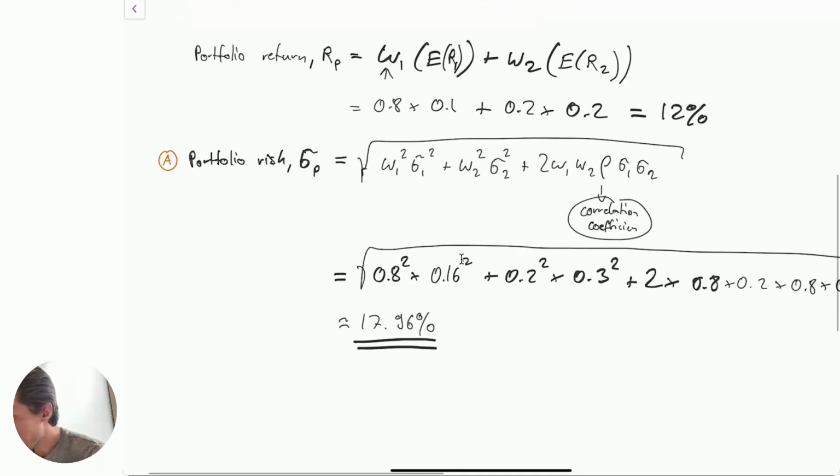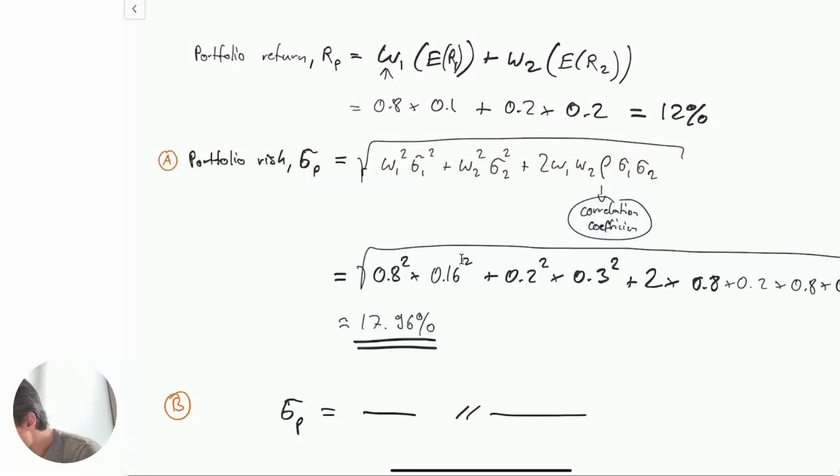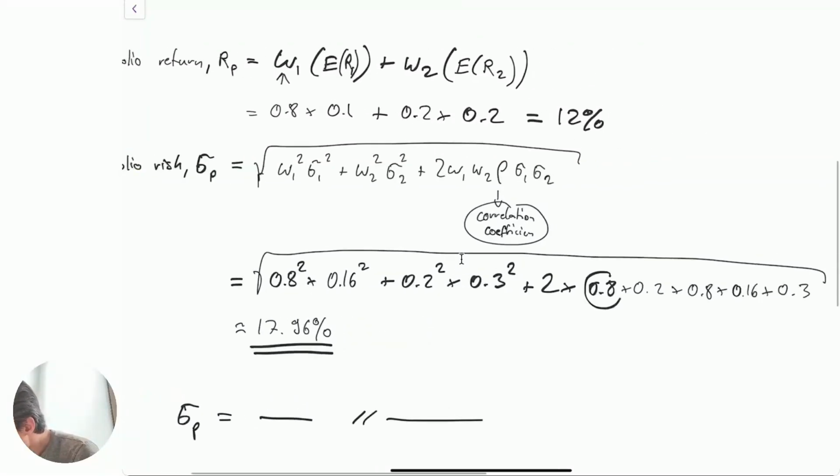If we look at our portfolio risk, then the formula would be basically the same, except we would change this number with 0.2 instead of 0.8.